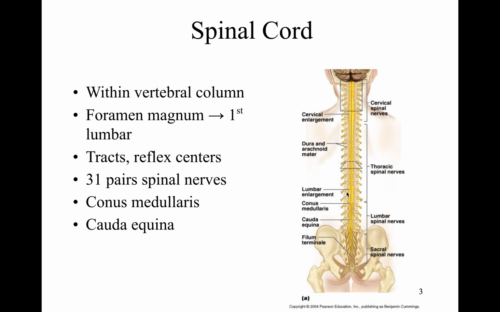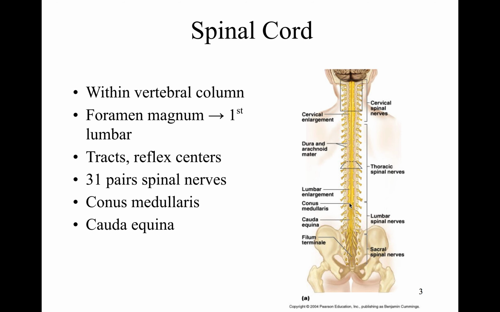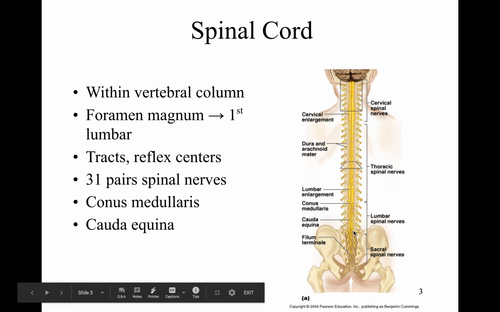So the spinal cord is almost chasing the vertebral column, and once the vertebral column stops developing, those spinal nerves have to chase their exit from the vertebral column, so they extend past where the spinal cord actually ends.